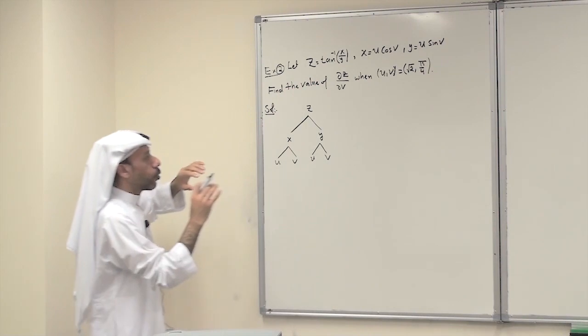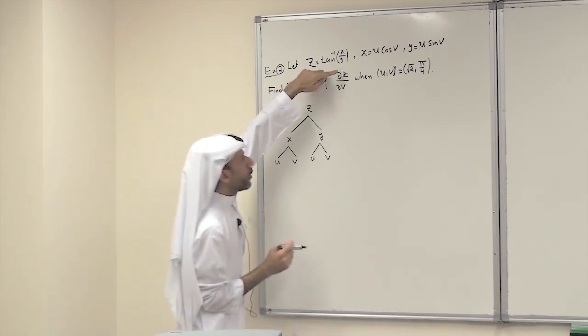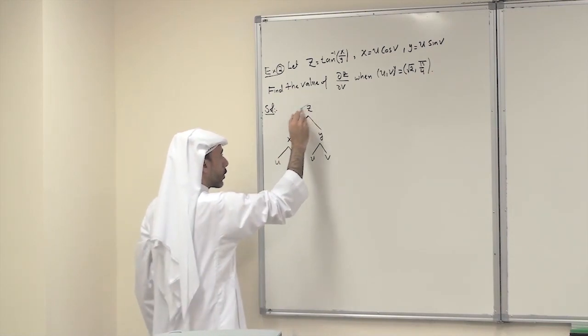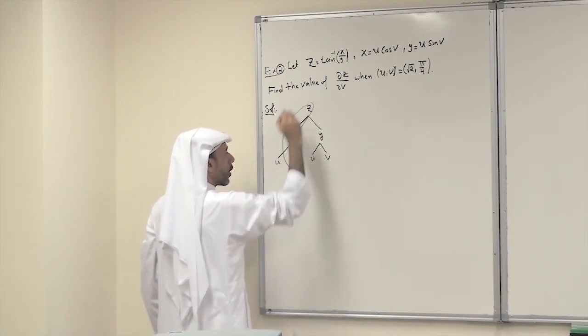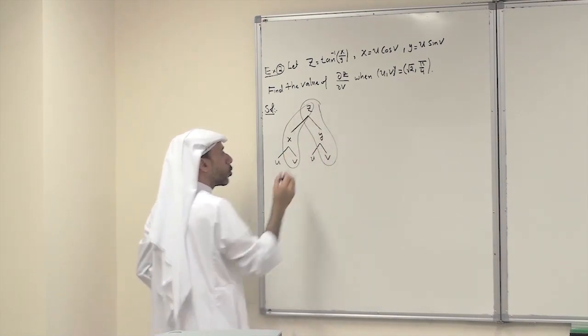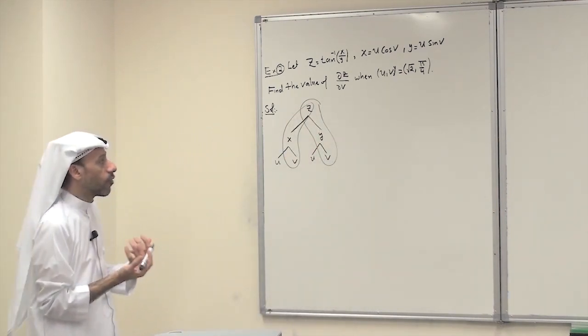So we look through the paths going from Z to V. From Z to V, I can go through two paths. The first one is through X, and the second one is through Y. Through each path, I use the chain rule of Math 101.